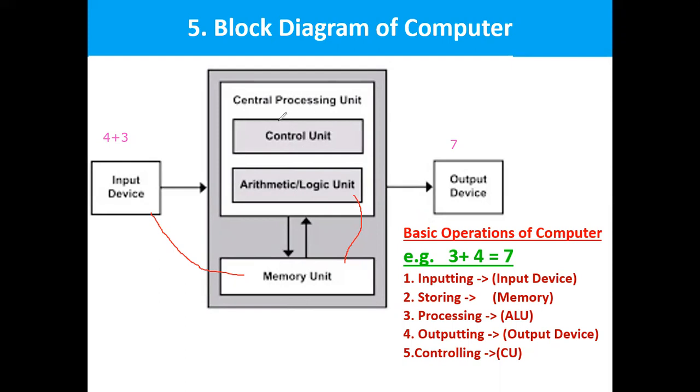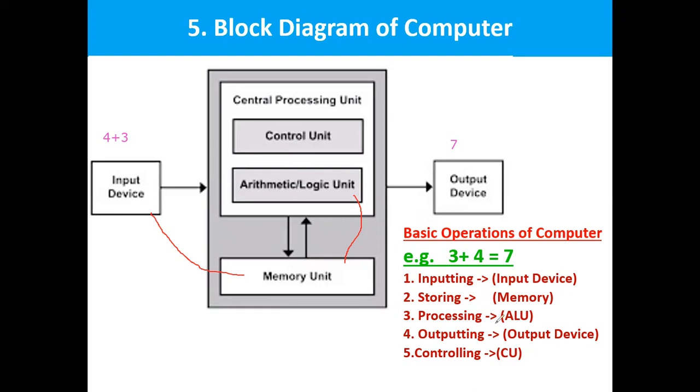That is all about the implementation of different operations in a computer system. Basically, this system has five different operations. First one, inputting, which is processed by the input unit. Next one, storing: we store the data in the memory.